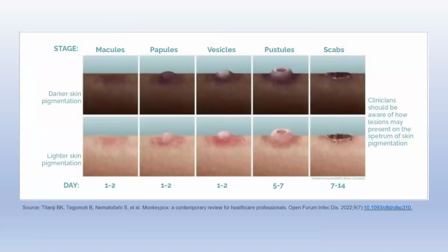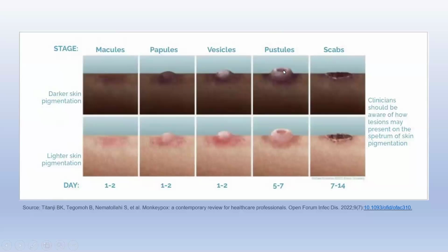Looking at this rash, it actually progresses through different stages. Initially, it's a macule. So this is a flat lesion, maybe an erythematous lesion. In darker skin, it will just appear as a hyperpigmented lesion. And then day 1, day 2, it becomes a papule, and then a vesicle, which is a fluid-filled papule, and then it becomes a pustule.